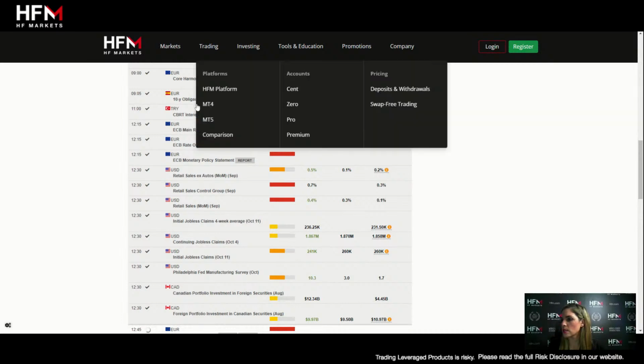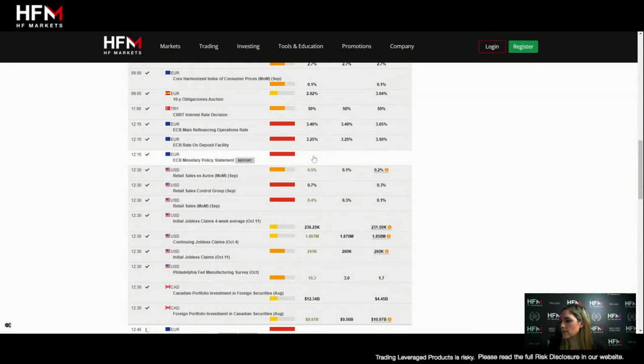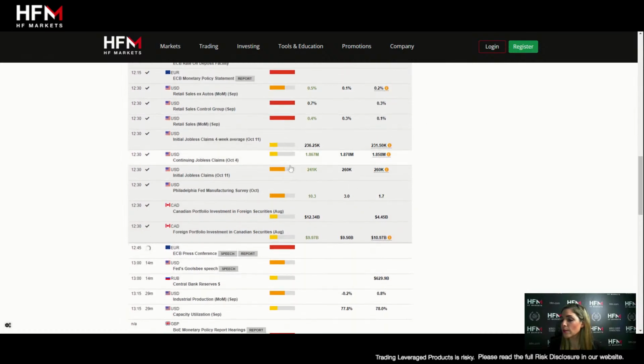As you can see, ECB cut deposit rates to 3.25%, so 25 points rate cut indeed. The main operation rate also 25 points lower, 3.40%, and we have also retail sales out, and right now Ms. Lagarde will be on her toes as well with the ECB press conference.